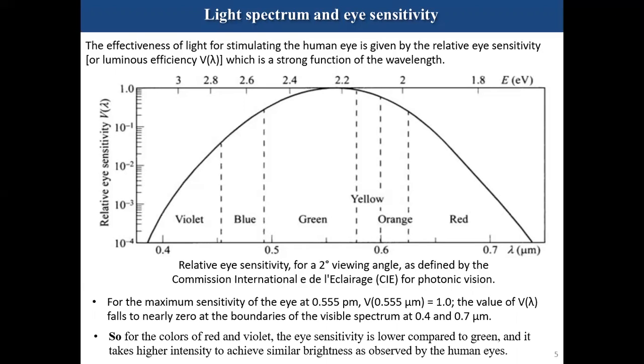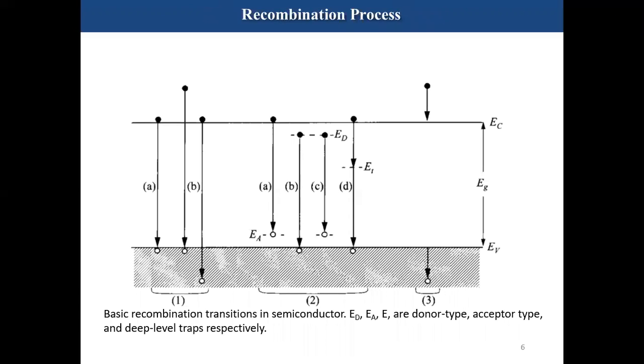So in case of red or violet, eye sensitivity is lower compared to green, and it takes higher intensity to achieve similar brightness as observed by human eyes. So that's the aspect we need to understand for building LEDs.